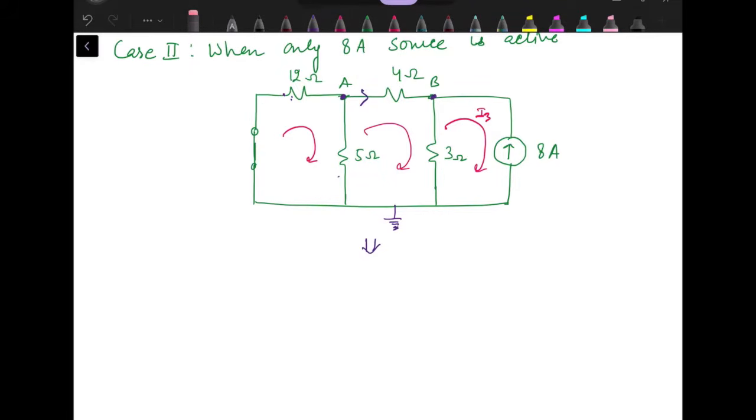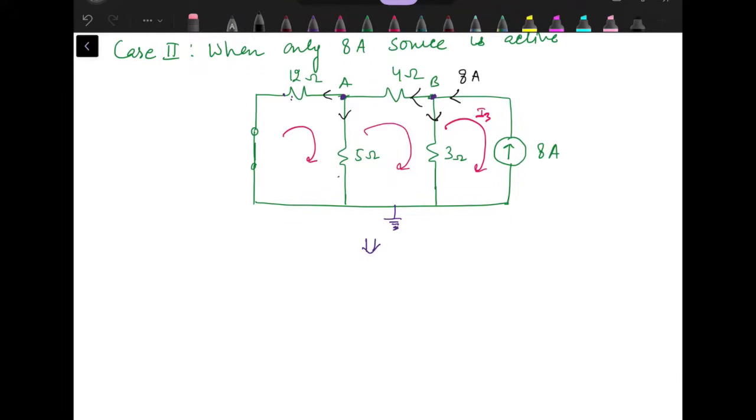What we have over here, that 8 ampere current is coming from this side. It will get divided into two parts. Obviously, the current will flow from B to A through 4 ohm resistance. So this current is in opposite direction to what we had in previous case. And after that, it will be dividing into further two parts.